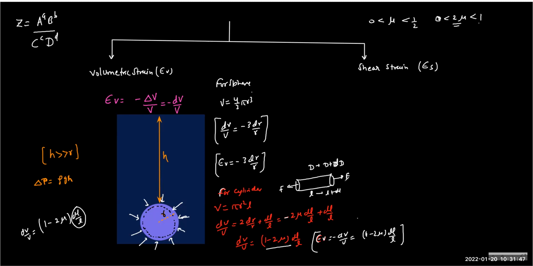So if I put this into water, then this P will act like this on the plane. Then dl by L will be negative or positive?